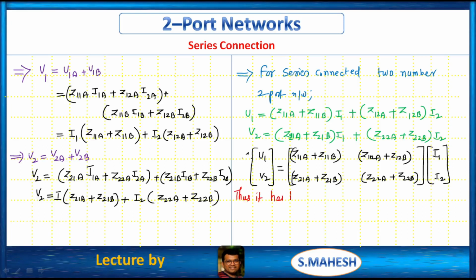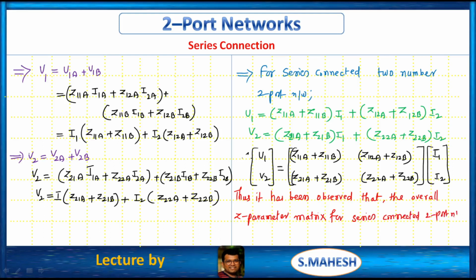Thus it has been observed that the overall Z parameter matrix for series connected two-port networks is simply the sum of Z matrices of each individual network.